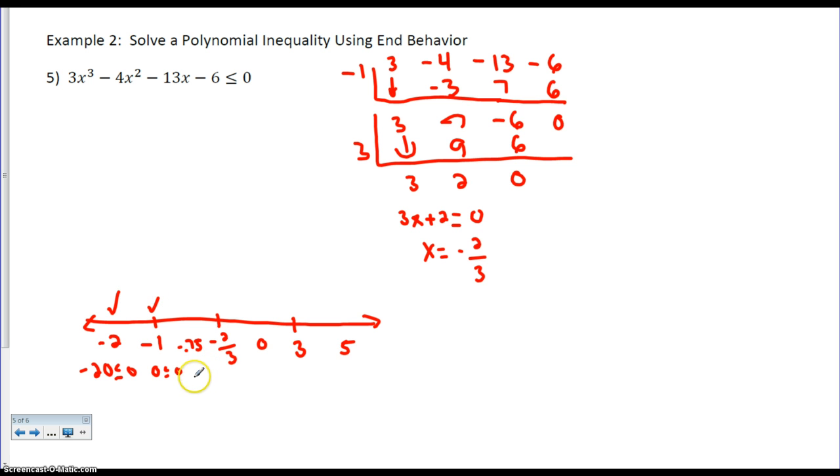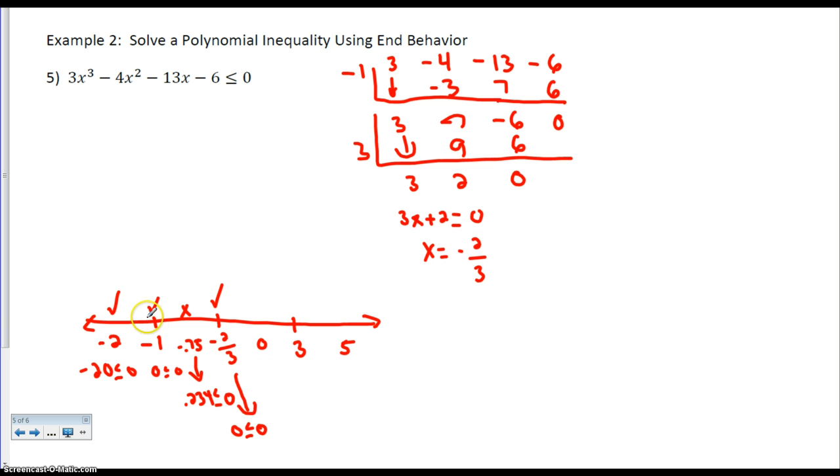When I plugged in -0.75, what I got was 0.234. Now, is that smaller than or equal to 0? No. So it looks like there's not any solutions between these two numbers. Because when I plug in -2/3, I get 0, which is less than or equal to 0. So that is true.